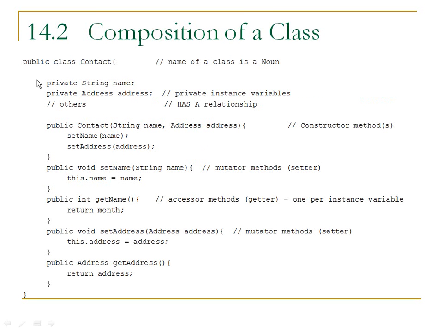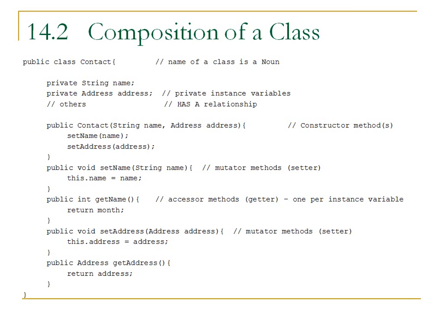So I've made a partial class here. It's not complete on this slide, and we're talking about a contact. So we're saying we're going to make a contact manager to keep track of the information about the people that we know, maybe our customers, maybe our friends, whatever. And we say a contact has a name and a contact has an address and some other things, but I haven't included everything here.